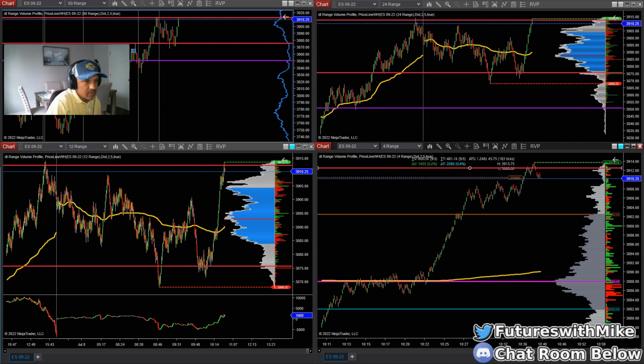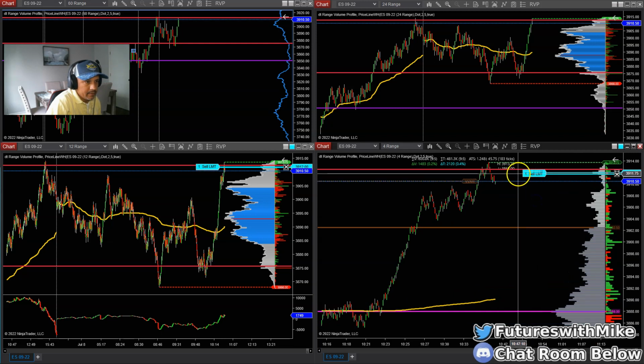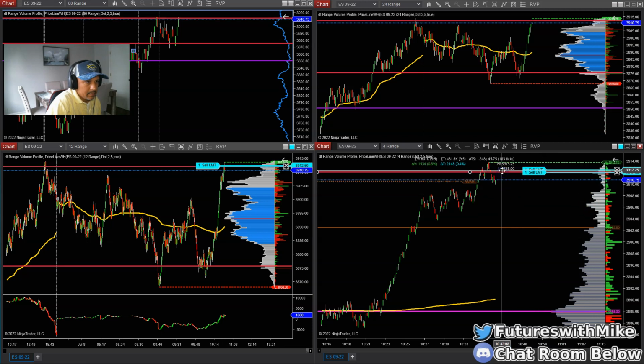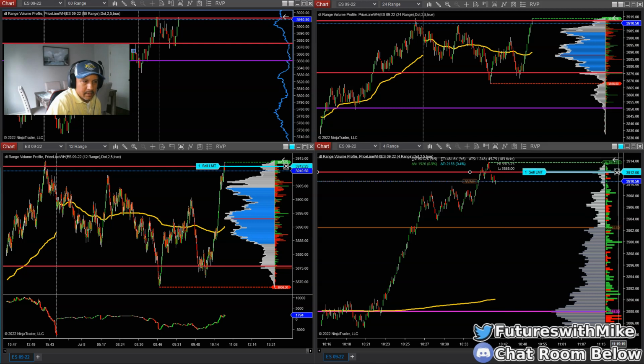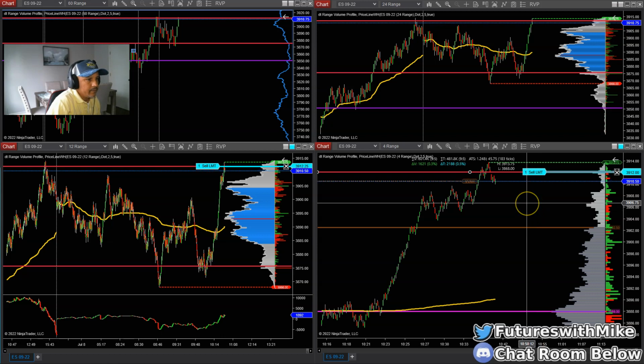But it could push lower, so I'm talking around maybe this area right here. Right here if we can get back there, but we'll see. Just for a quick little scalp.